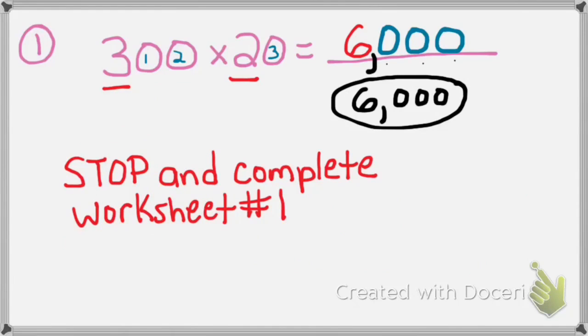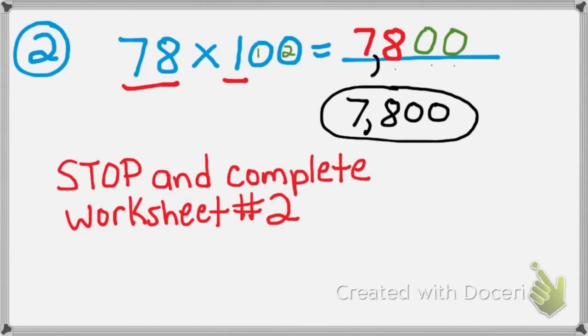So as we review this lesson, if you're multiplying facts with ending zeros, you can simply find the basic facts, multiply them. 3 times 2 equals 6. Count all your ending zeros, add them on, and that will give you your final answer. Or if you have a basic fact that's more than 1 digit, that's fine. And here my basic fact is 78 times 1 gives me 78.